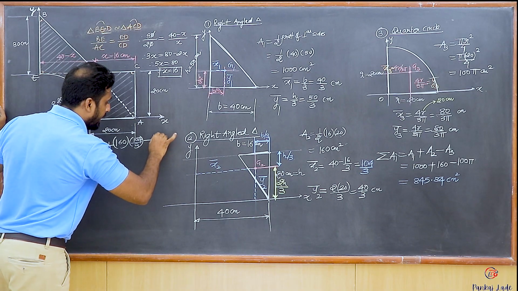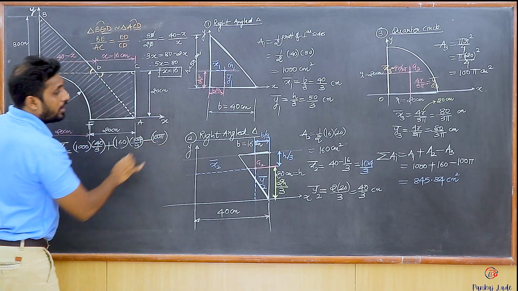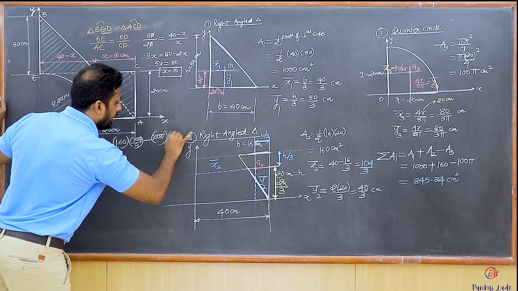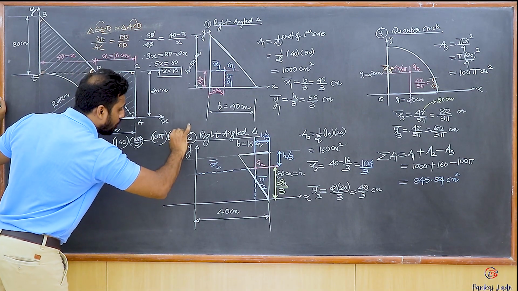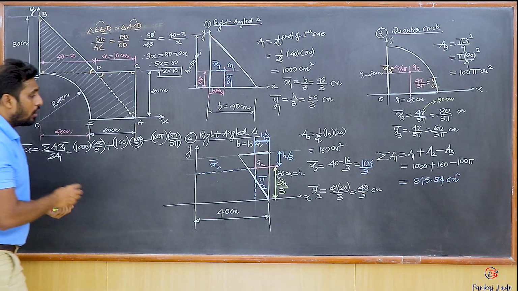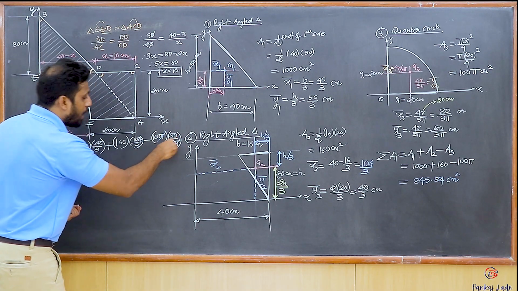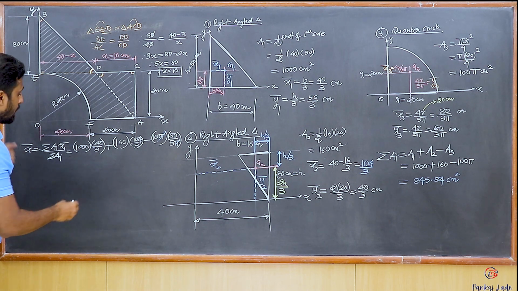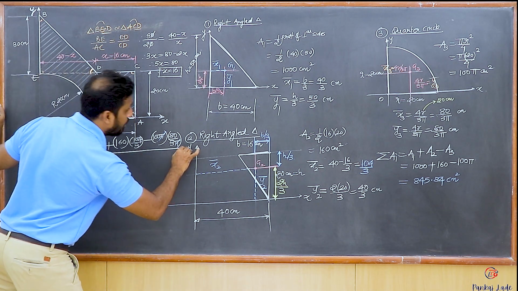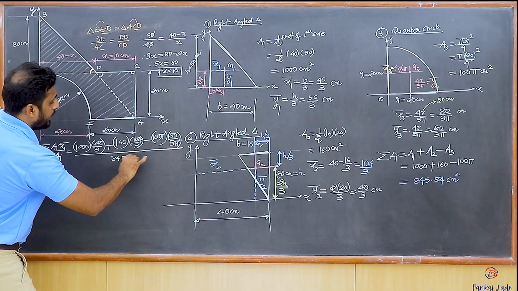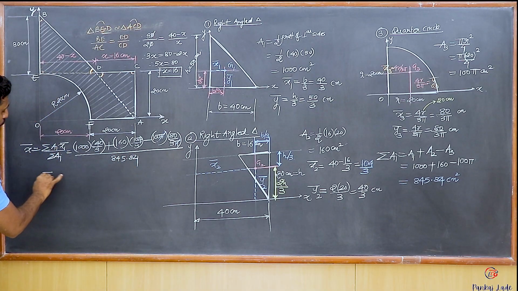You write here 100 pi multiplies with its x bar, it is 80 upon 3 pi. That's the reason I have not simplified that 80 upon 3 pi. You can easily see that this pi and pi can be very easily cancelled, isn't it? So that's 100 into 80 upon 3, and this entire thing gets divided by the summation of ai, which is 845.84. So I'm going to do this calculation in a short while.